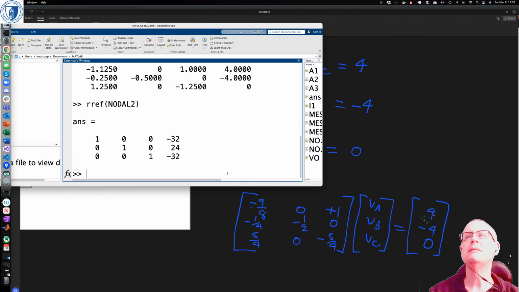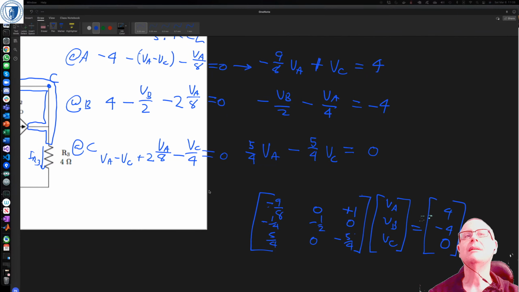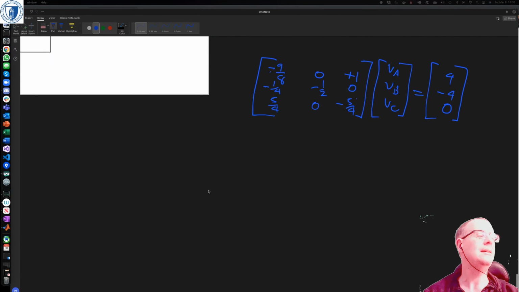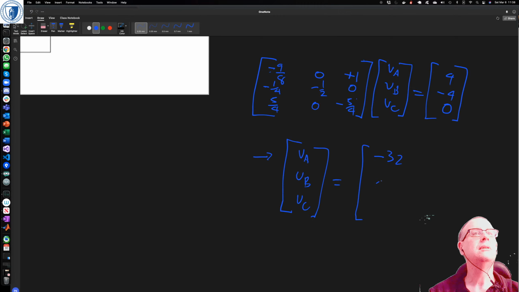Ooh, look at that. Round numbers. That sounds like it might be correct. So the answer we get out of that is, let's make it a bit taller, VA, VB, VC equals minus 32, 24, minus 32, and they're all volts.